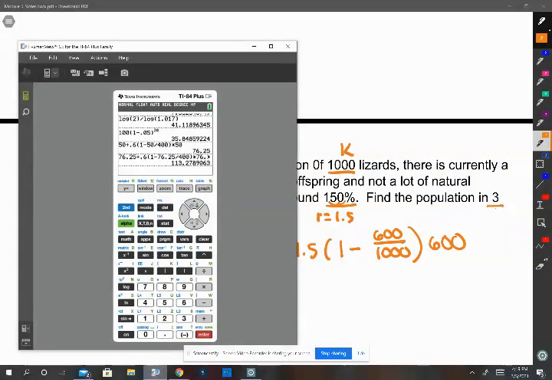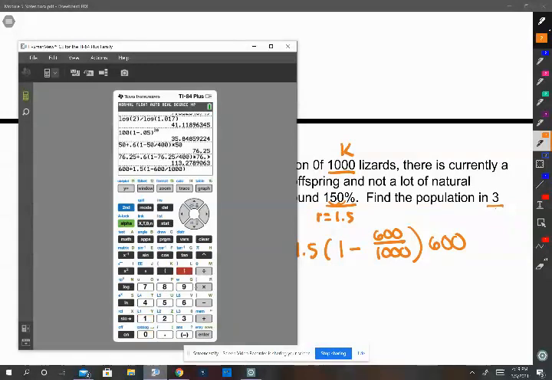So we're going to go 600, and then this is going to, oh, dang it, delete. That can't quite clear. All right, try again. 600, and then it's going to be plus 1.5, parentheses, 1 minus, and this will be 600 over 1,000.